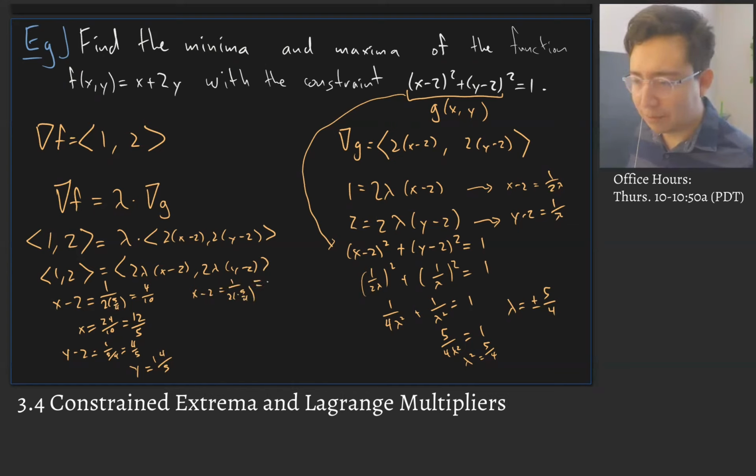Then we add that and we get x is equal to 16/10, which is 8/5. And we do something similar for y. It's equal to 1 over negative 5/4, which is negative 4/5, which tells us that y is 6/5.